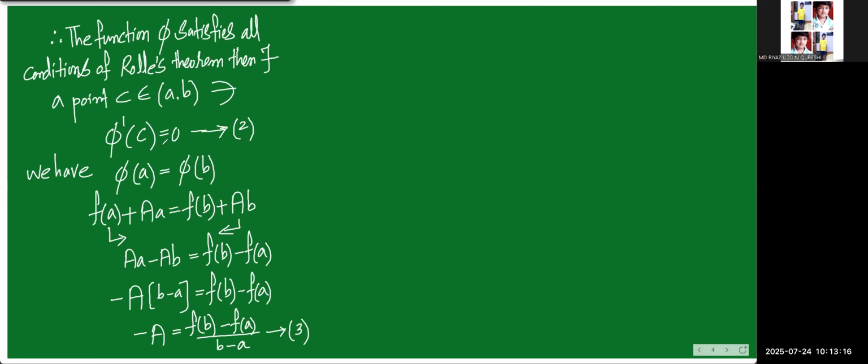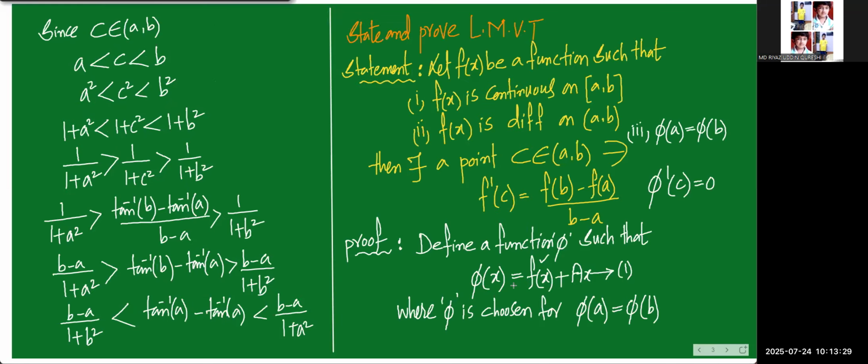अब ये रोल्स थ्योरम की जो कंडीशन है, phi of x is equals to f of x plus a of x ले लीजिए.